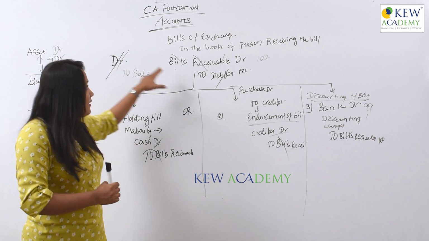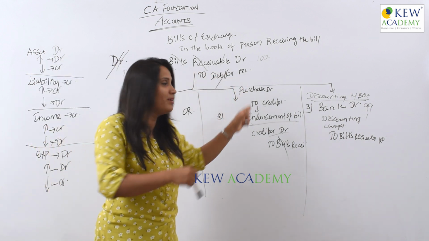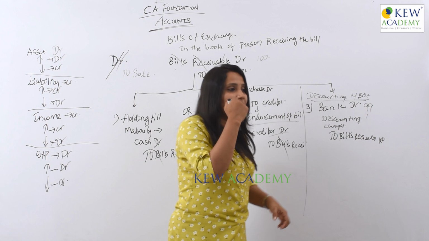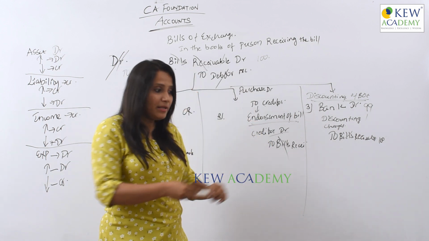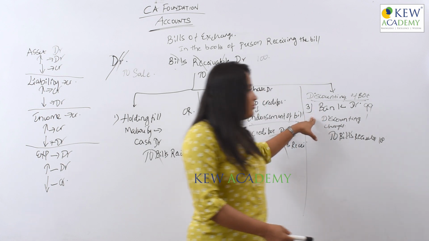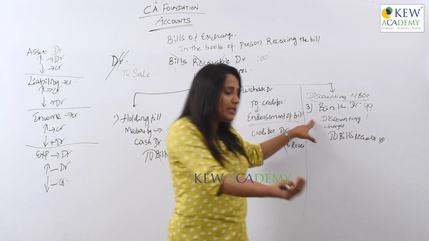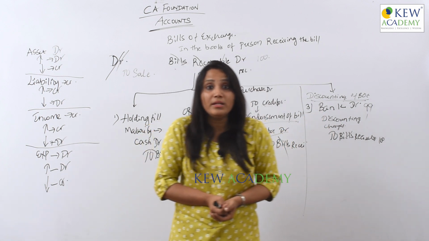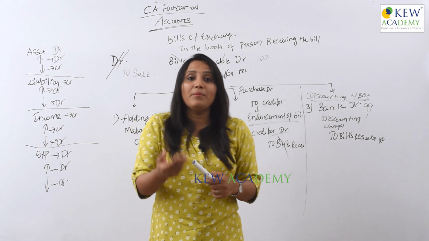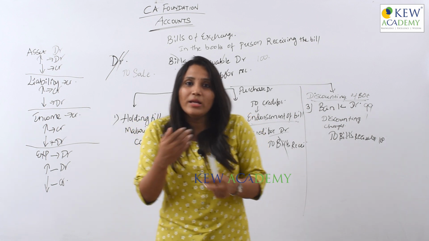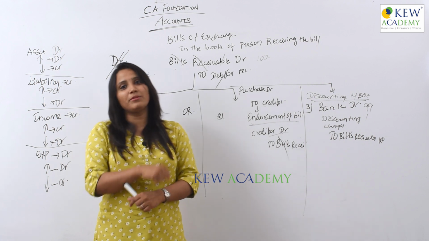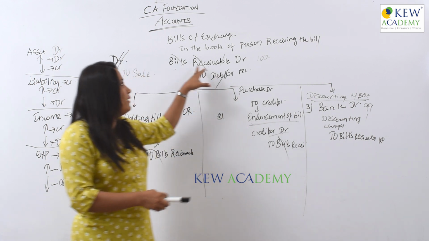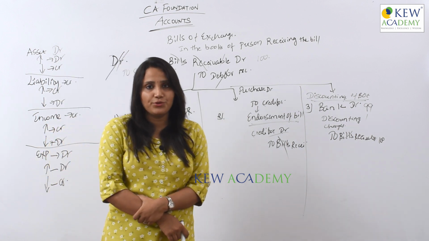But as the debtor gives me this bills receivable, I told my creditor, to your payment, take these bills. And I went to the bank and gave third possibility. I told the bank, give me money. Bank has given me money. So isn't it, I'm utilizing my receivable in the most effective way by way of bills of exchange.